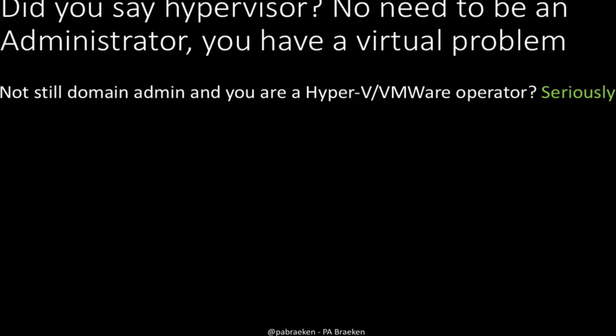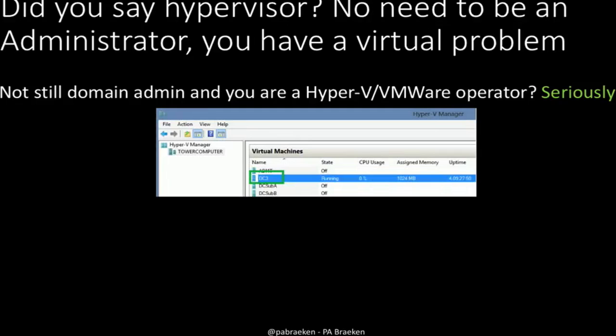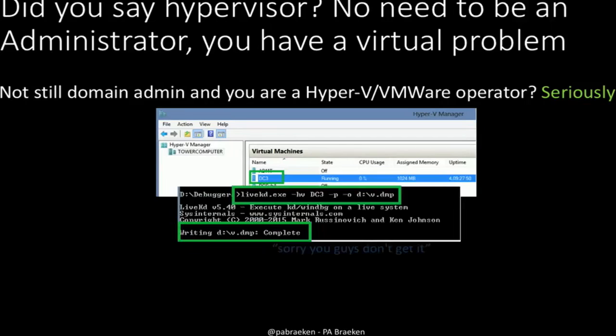So for the hypervisor, you say you are an operator in a hypervisor environment and you have more rights than a domain admin? Seriously? So this is on Hyper-V, but it also works on VMware. You will just use a tool from Microsoft written by Mark Russinovich, which is LiveKD, and which will allow you to dump the memory of a virtual machine running in the Hyper-V system.